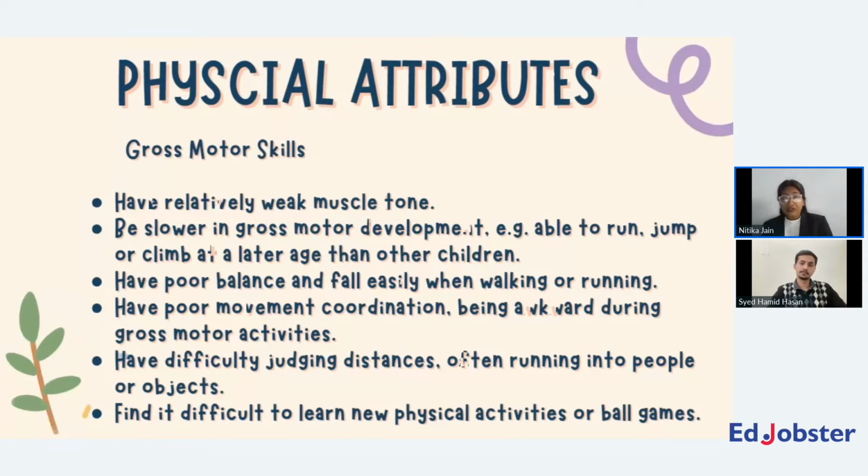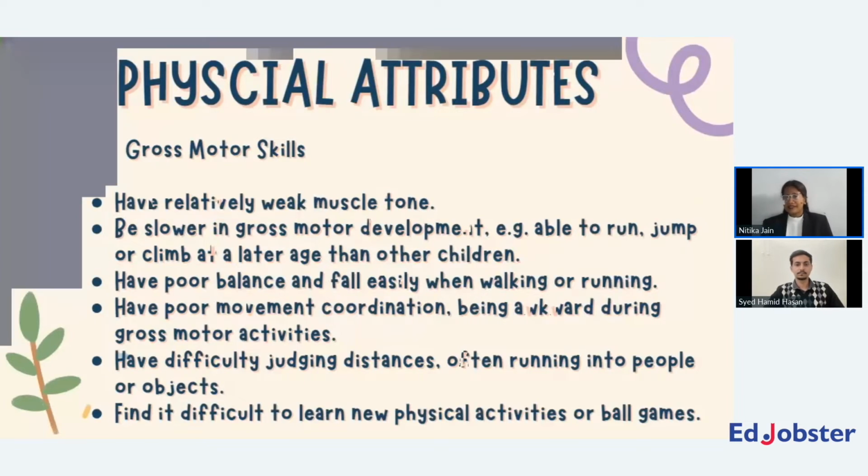If the child is not able to do it, that means the child is a bit delayed and not able to accomplish that particular measure. That child may not be able to run, or doesn't want to jump or climb, or doesn't want to play with the other mates around, has poor balance, or perhaps falls easily.